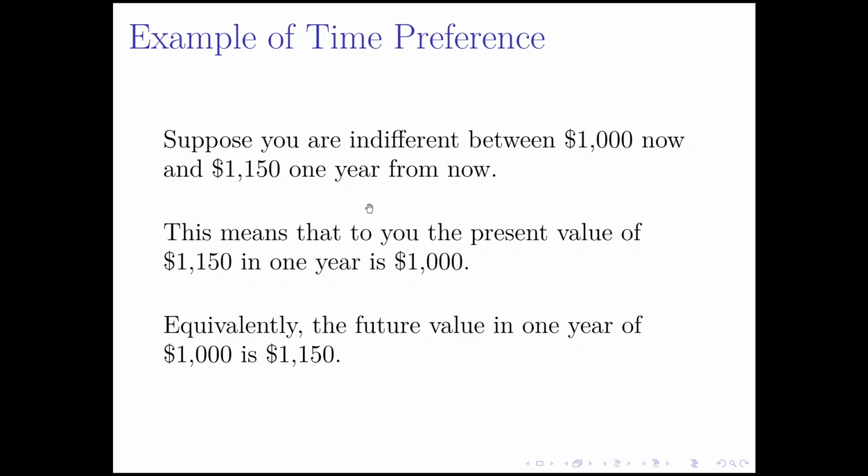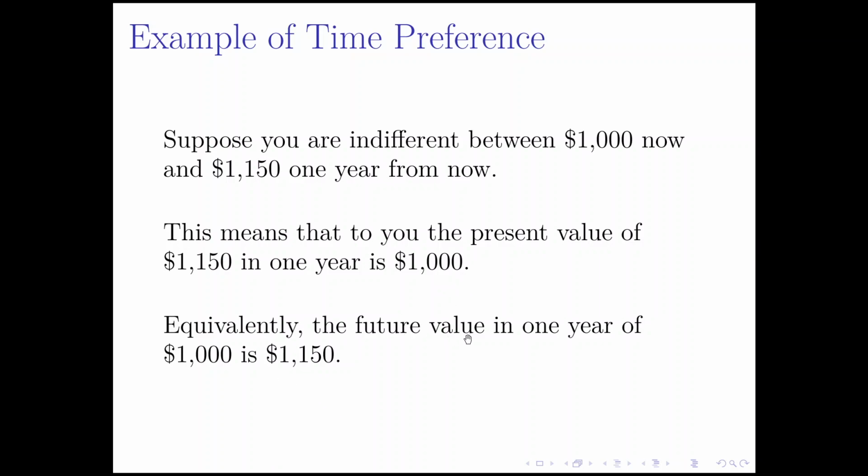So imagine that you're somebody who's indifferent between $1,000 now and $1,150 a year from now, right? So you are just as happy taking $1,000 now or waiting a year and instead getting $1,150, right? Well, this means that to you, personally, the present value of $1,150 in 1 year is $1,000, right?